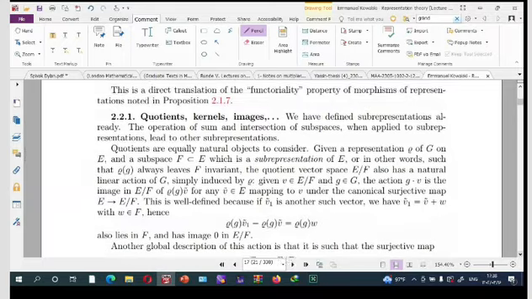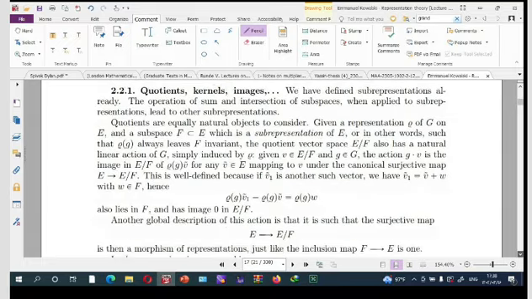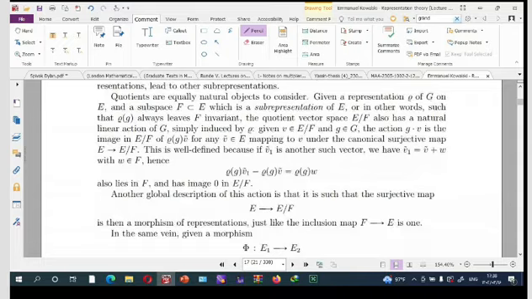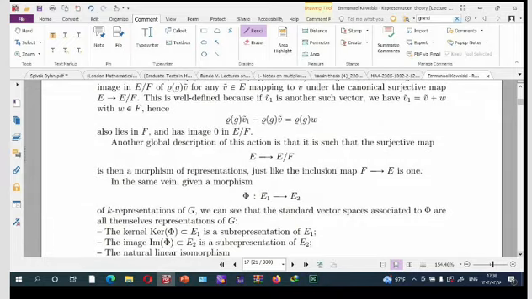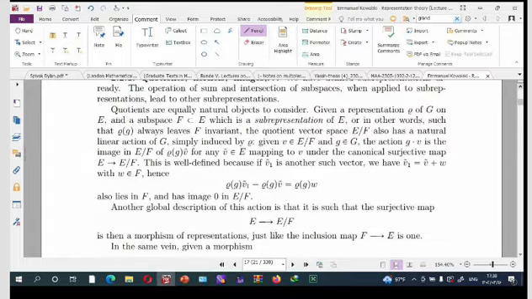Let me define quotient, kernel and image. Quotient.